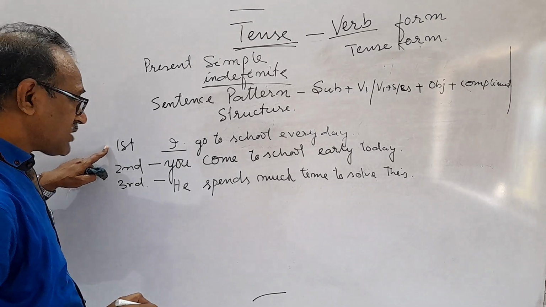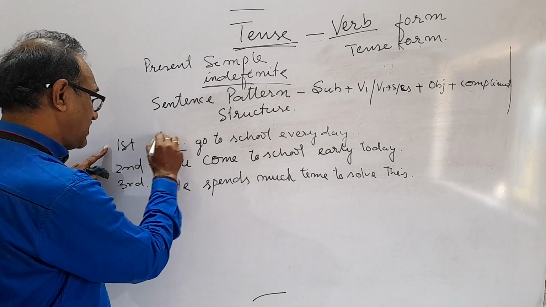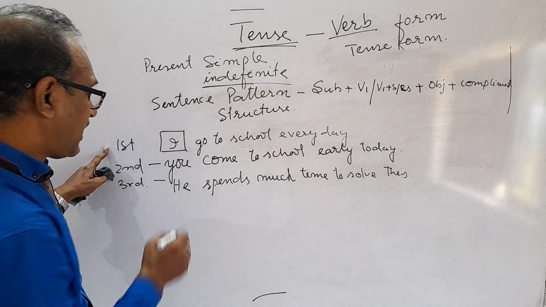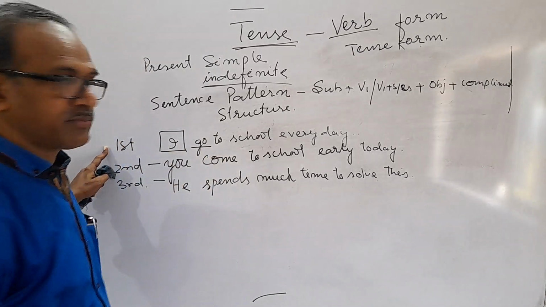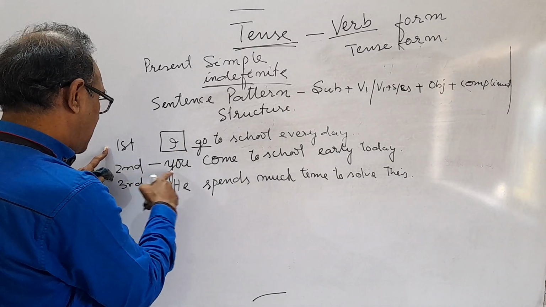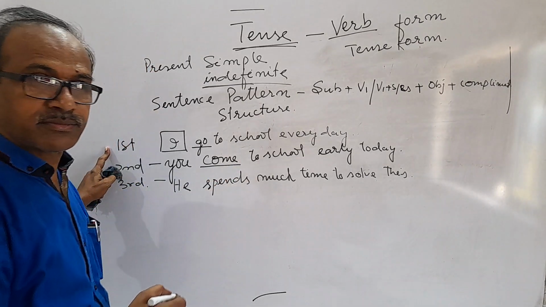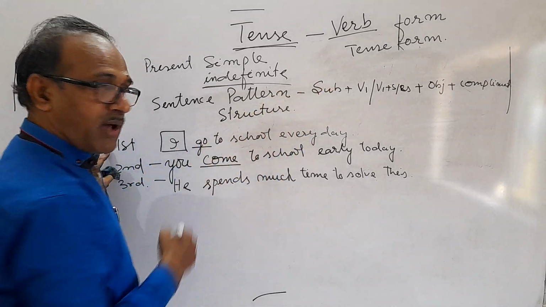Okay, so when the subject is first person, then we use go. Here you see, it is go. In case of second person, here it is come, that is verb 1.